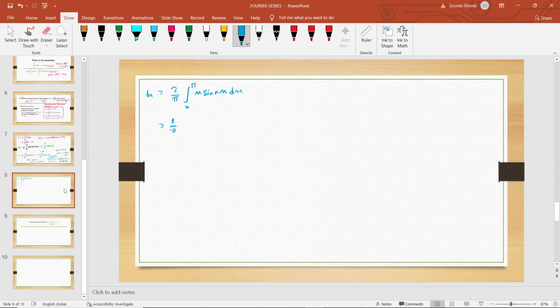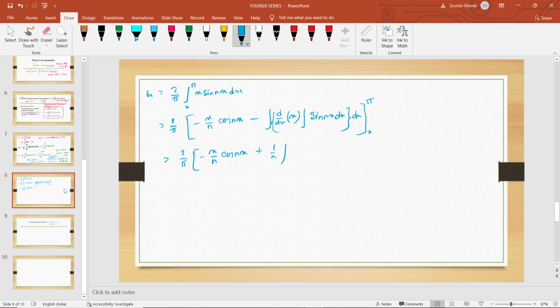So from here we can find 2 by pi, minus x by n cos nx minus integration over d/dx of x times integration of sin nx dx, from 0 to pi. And if we put here minus x by n cos nx, minus, here we will get 1 by n cos nx dx, 0 to pi.